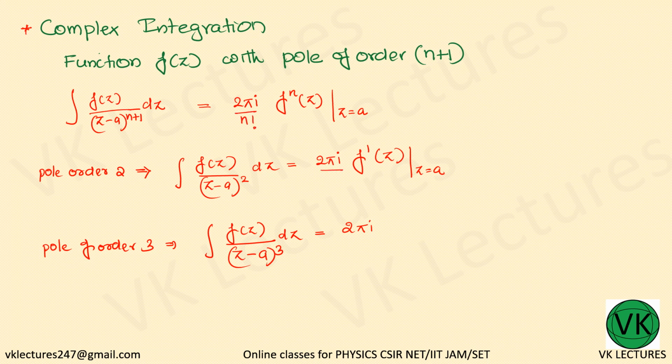Here we have 1 factorial, here we have 2 factorial. Kindly note there is a term 1 by n factorial here. This would be f double dash, which indicates the second derivative of f at z equal to a.